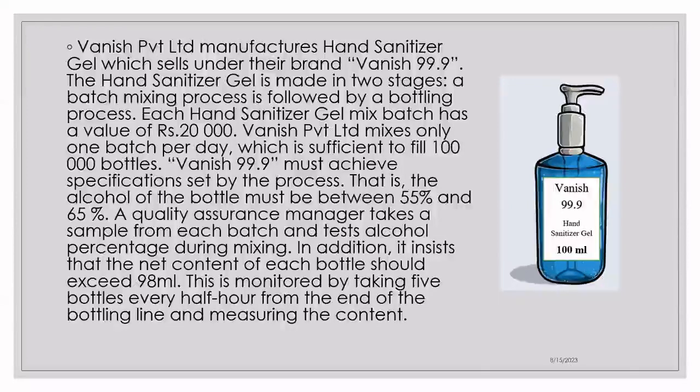Then it is in control. That is the point that you have to get. Then you know that it is in control. If it is not, you are going to say that it is out of control. The quality assurance manager takes a sample from each batch and measures the alcohol percentage during mixing.